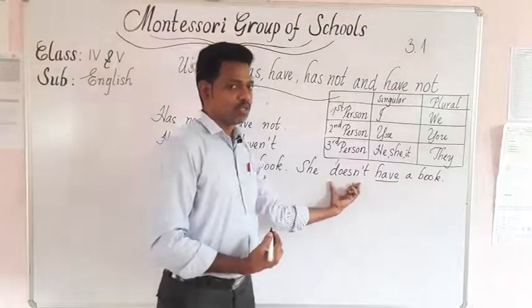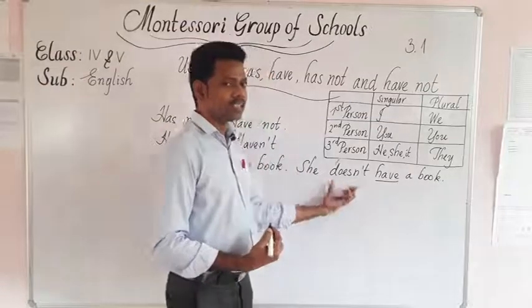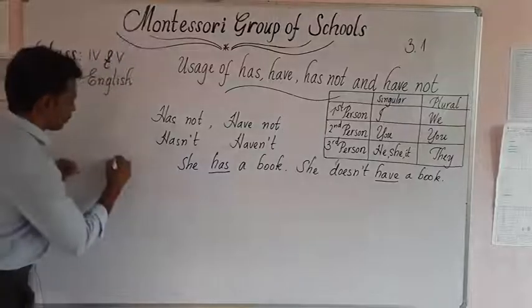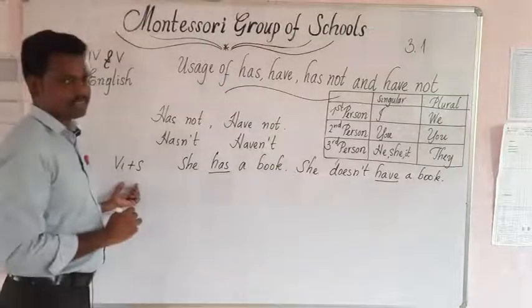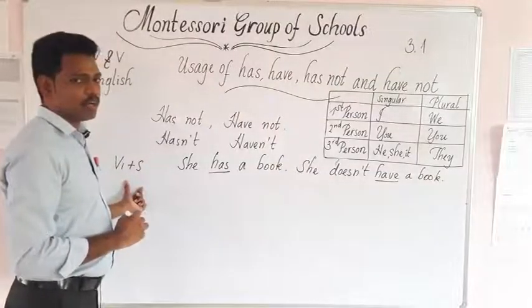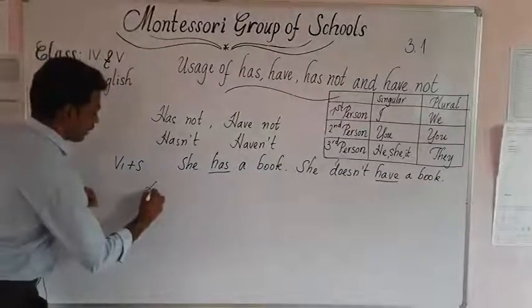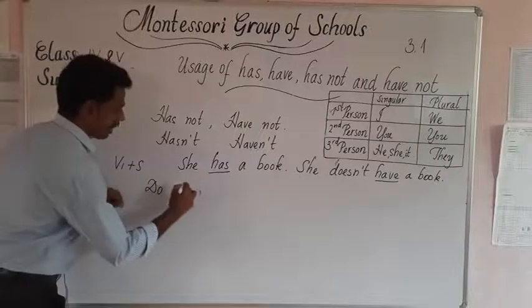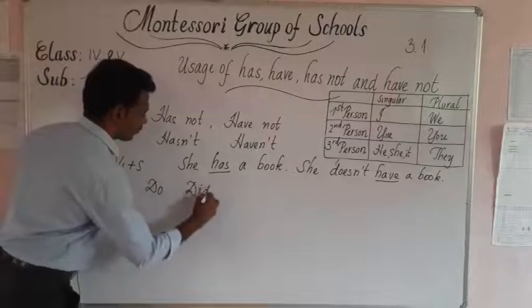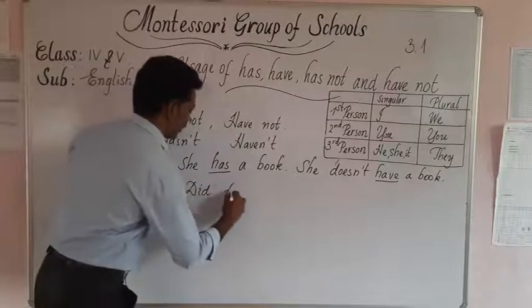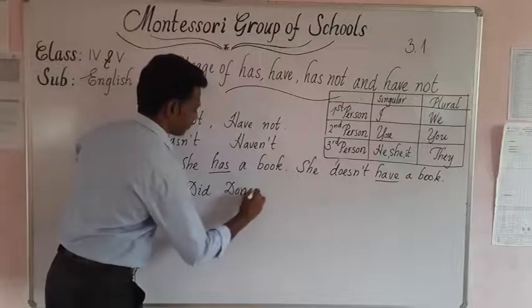So do you know how to use this does? Because when we talk about V1 plus S, it is called does. Okay, so that means V1 is do. We know that. Once I'll explain you. V1, V2 and V3: do, did, done.